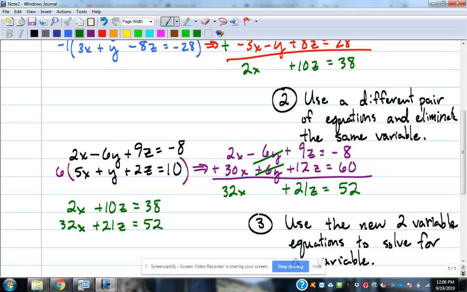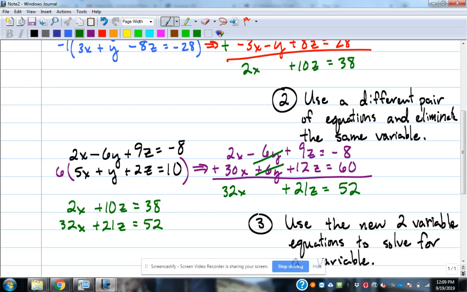Okay, you could use elimination, you could use substitution. It doesn't matter. Pick a way to solve that system for one of the variables. So if I'm going to use elimination, I have to choose, am I going to eliminate x or z? If I'm going to use substitution, I have to solve for one of those. Okay, so how could we do that system?